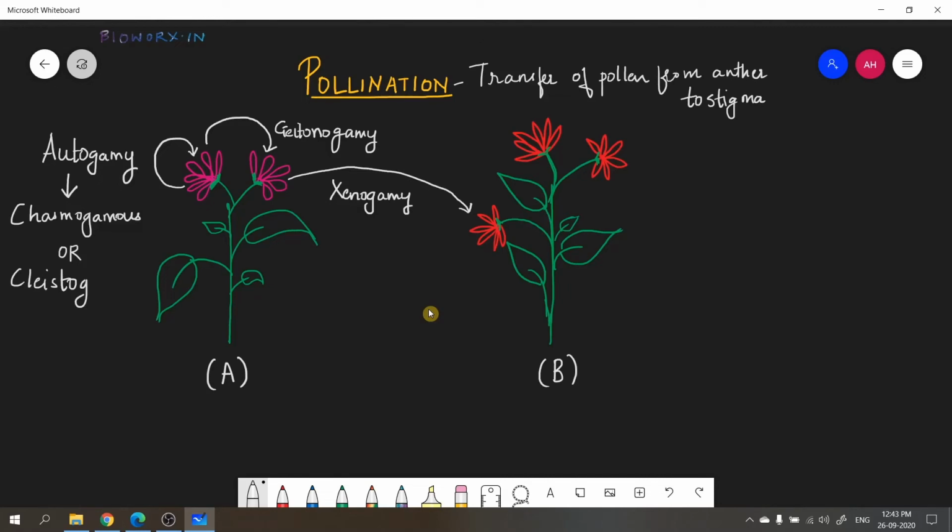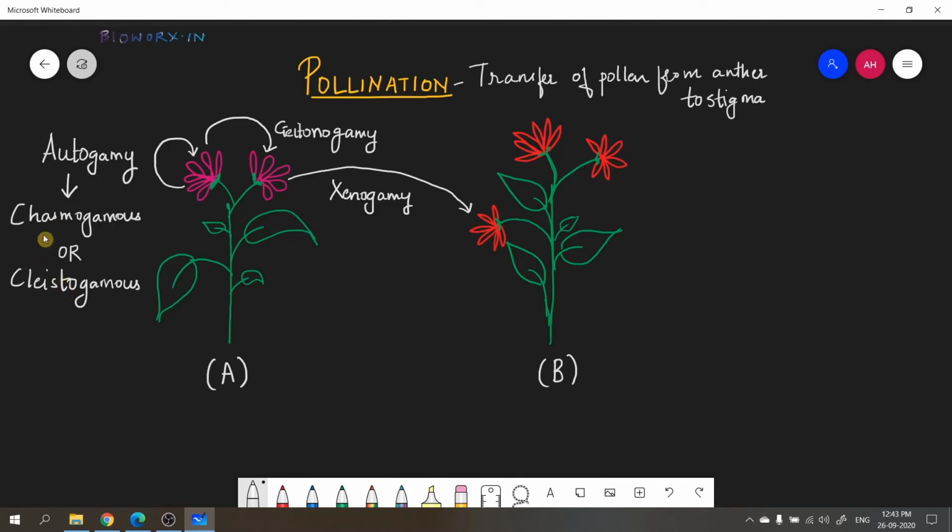I'm going to explain the meaning of that. Chasmogamous means flowers that are open and the reproductive parts are well exposed. Whereas Cleistogamous flowers are those that do not open at all. So in autogamy, the flowers may be either Chasmogamous or they may be Cleistogamous.